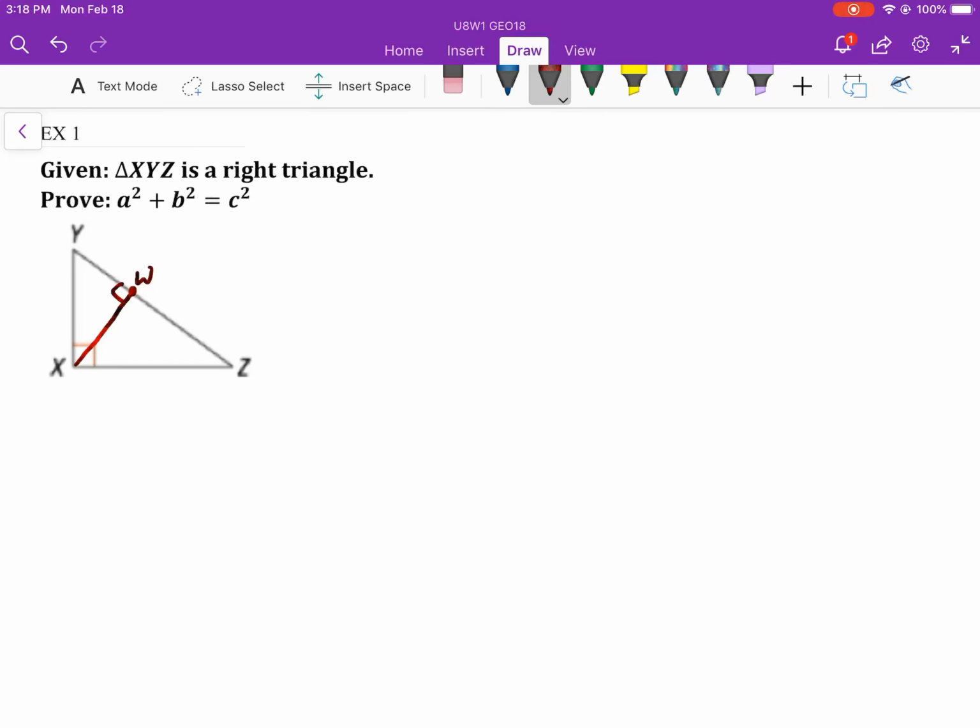And we know from the last topic that these triangles are, not congruent, that they're similar. So we have triangle XYZ is similar to triangle WXZ, which is similar to triangle WYX.